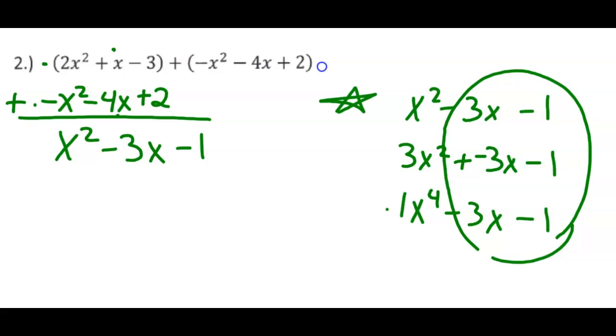So when you're looking at that first term, I want to especially talk about this one because this is a very, very common mistake. Okay? Why are you able to add these two together, the 2x squared and the negative x squared? Because they're like terms. Is this a like term of that like term?